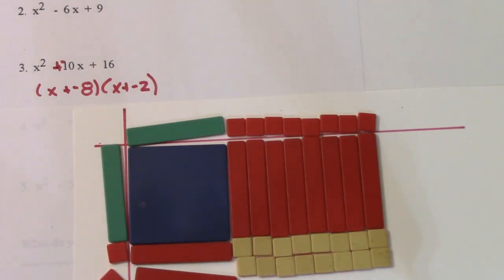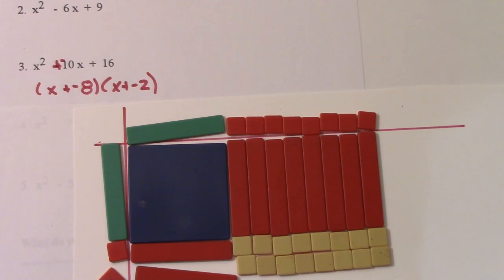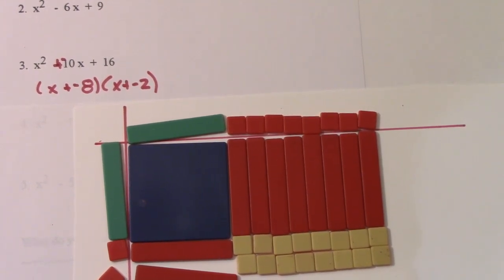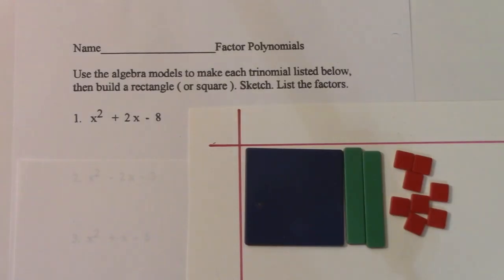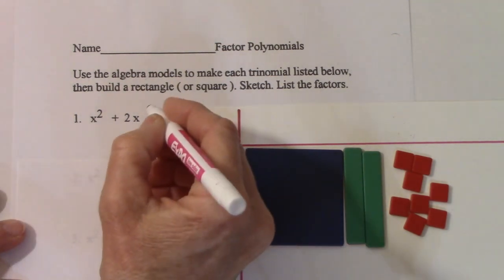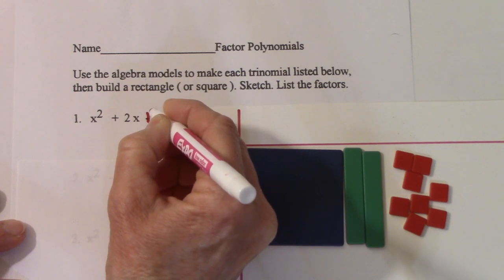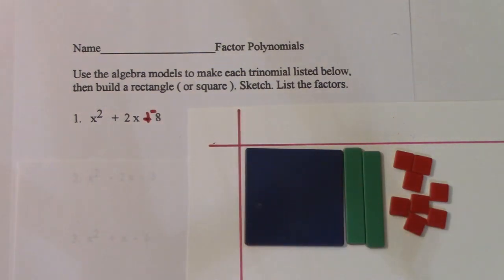Okay, so for these problems, I had the middle term negative and the third term is positive. Let's see what happens when the last term is negative. Okay, in this example, I have x squared plus 2x, and then I'm going to change this to plus a negative 8 so I can build it.